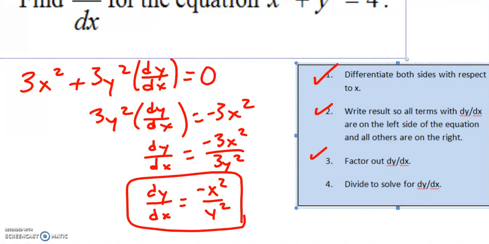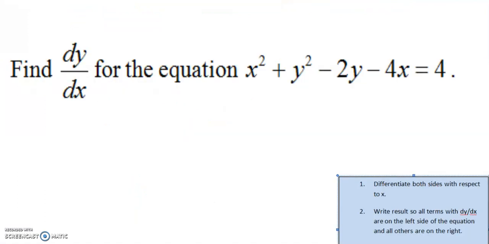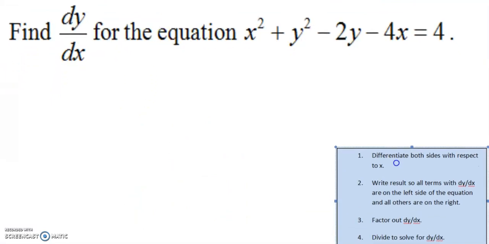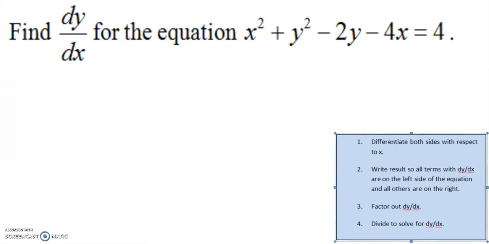Okay, so let's try another one. Same idea here. In this case, x squared plus y squared minus 2y minus 4x equals 4. We're going to differentiate both sides with respect to x.